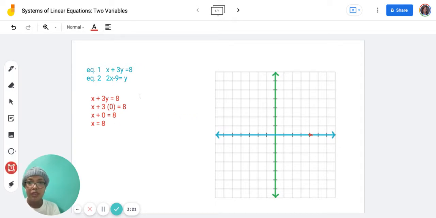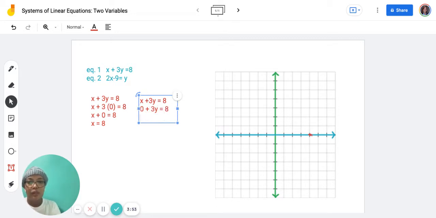So let's solve for the y-intercept. So x plus 3y is equal to 8. In solving the y-intercept, we should equate x to 0. So 0 plus 3y is equal to 8.